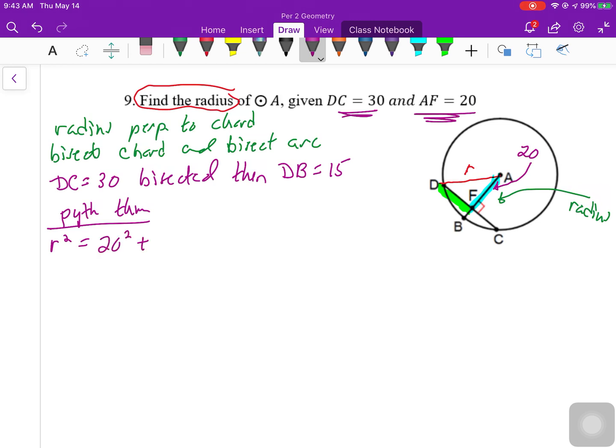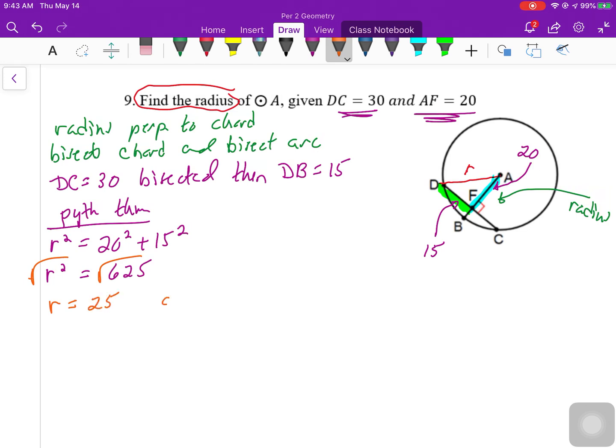And now we go ahead and use our Pythagorean theorem. That radius squared will be equal to 20 squared plus 15 squared, since we now know that green part is 15. So r squared would work out to be 625.